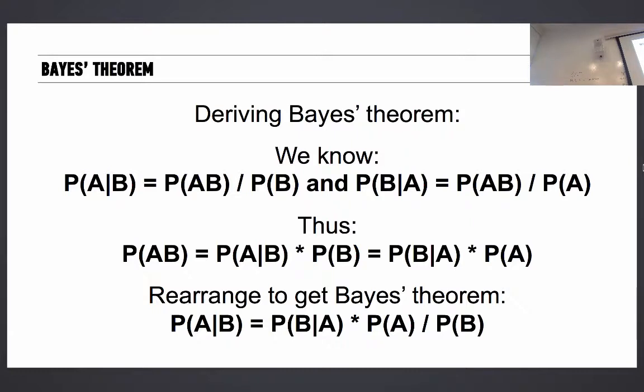The probability of A given B is equal to the probability of B given A times the probability of A over the probability of B. And that is Bayes' formula. That is, we can derive one conditional probability from its converse.